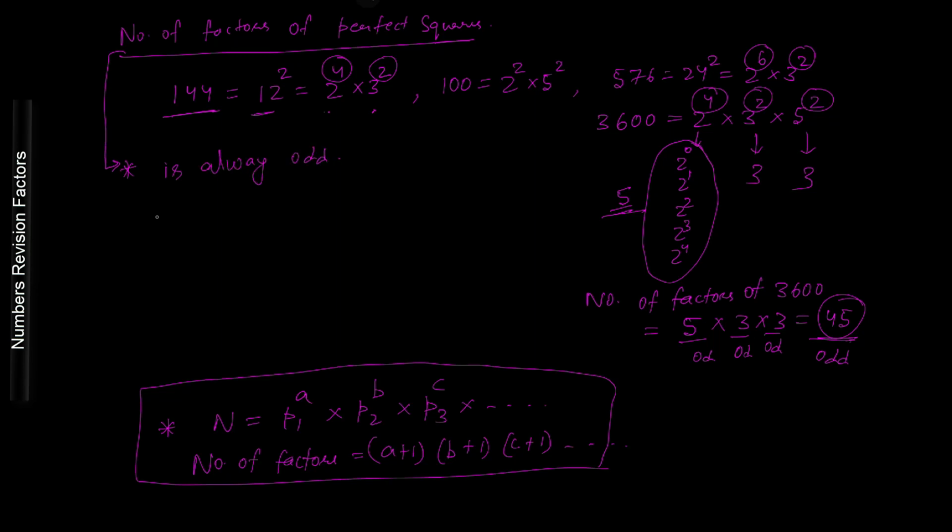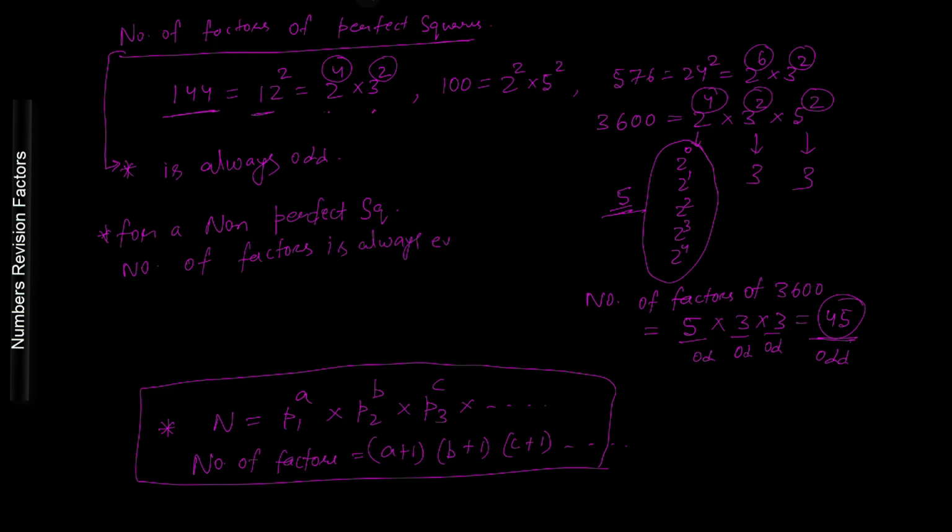Okay. And vice versa. So for a non-perfect square, it's very clear that the number of factors will always be even, and vice versa. Number of factors is always even. Right? What does that mean?